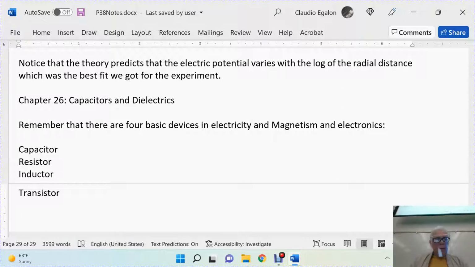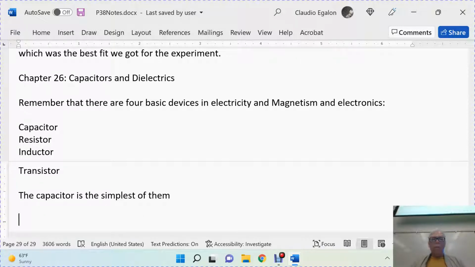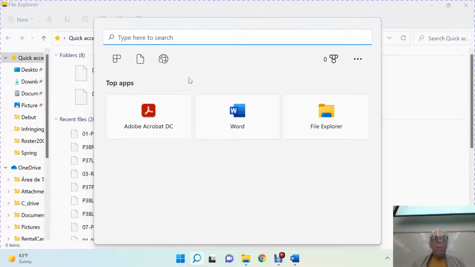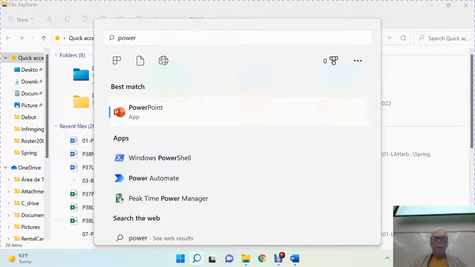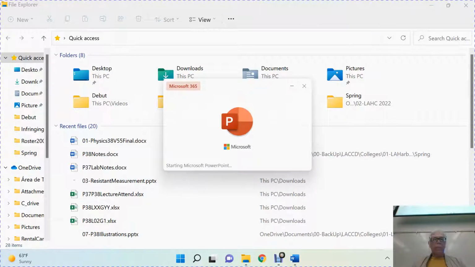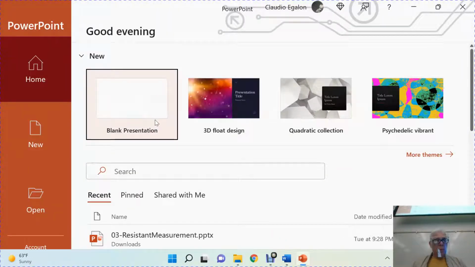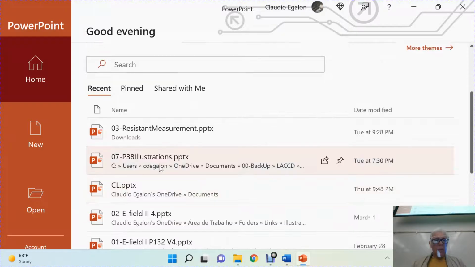The capacitor is the simplest of them. And let's see how a capacitor looks like. The most generic capacitor, how does it look like? PowerPoint, let's go there. Here you go. This one.